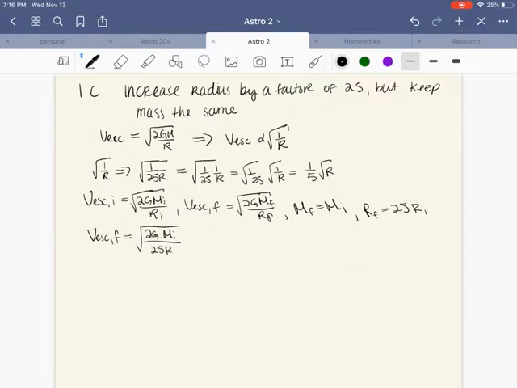I've just replaced final mass with initial mass and final radius with 25 initial radius. This 25 is my new thing in this equation, so I'm going to pull that out to the front.